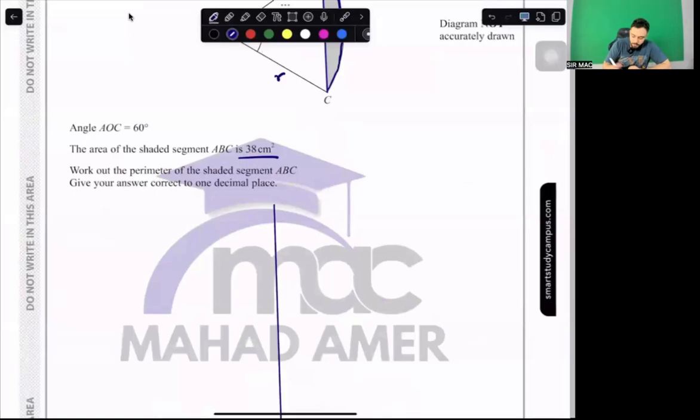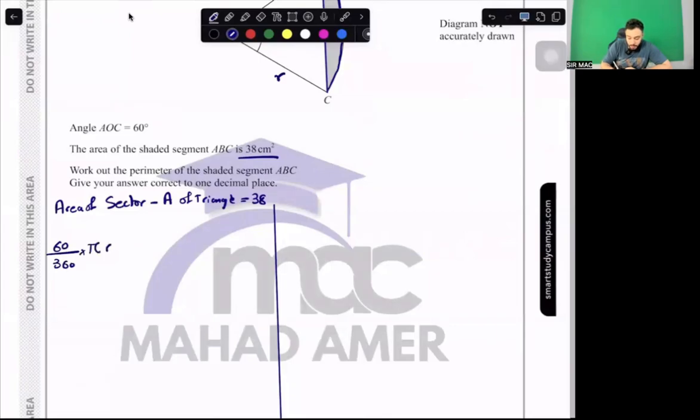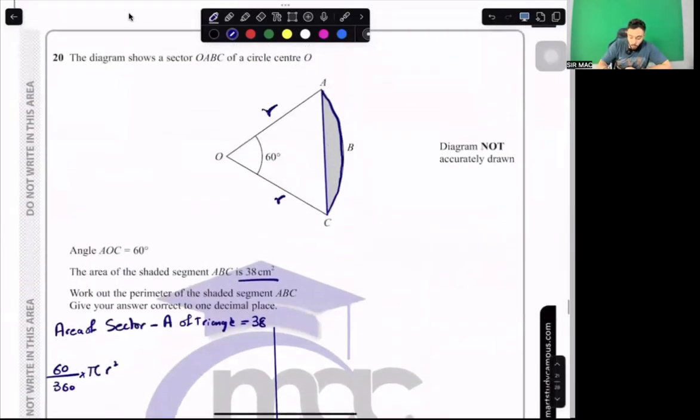I used a method that we discussed earlier: area of sector, the whole sector, minus area of triangle would be equal to 38. Area of sector would be theta over 360, that's 60 divided by 360 times pi r squared. This r is unknown.